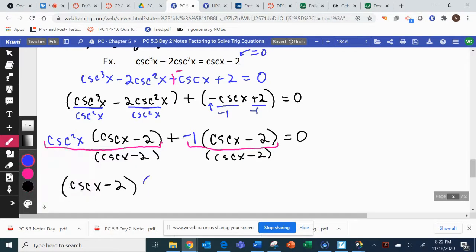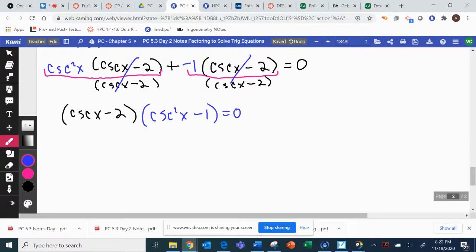When I factor that out, it divides out, and what's left over is cosecant squared x minus 1. Now, cosecant x minus 2 cannot factor any further. However, cosecant squared x minus 1 can factor further. This is a difference of squares.